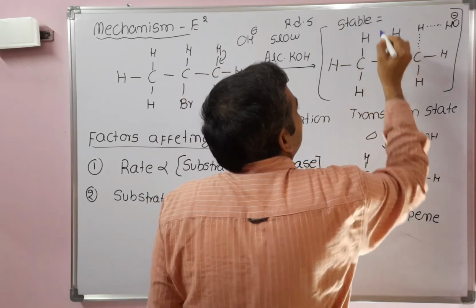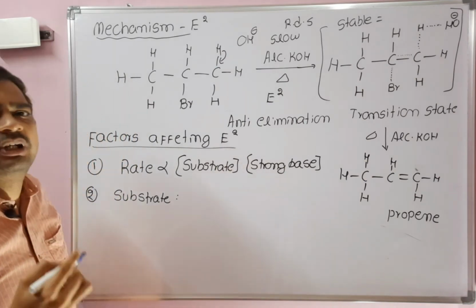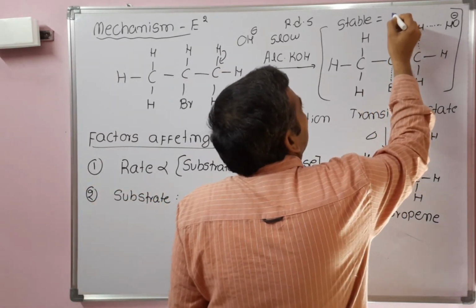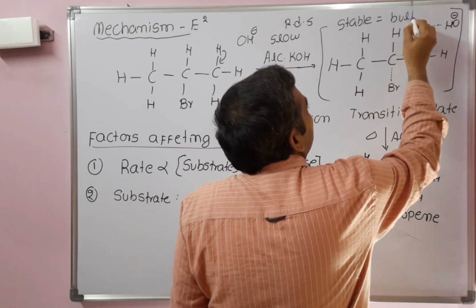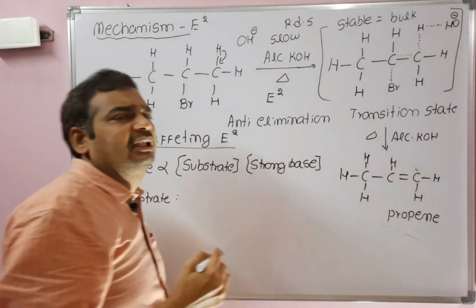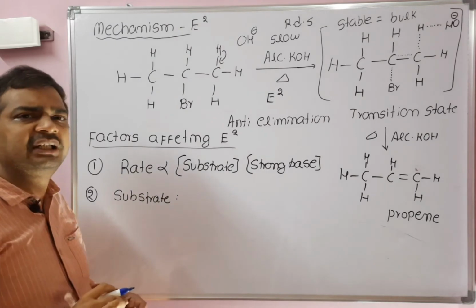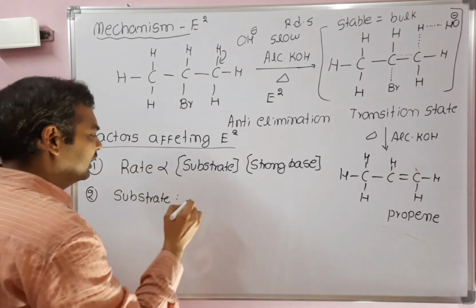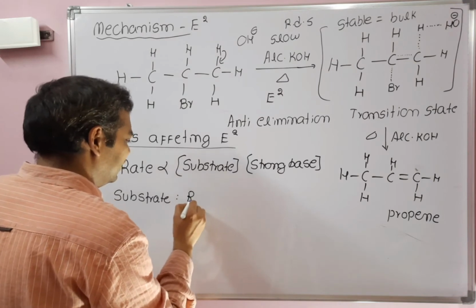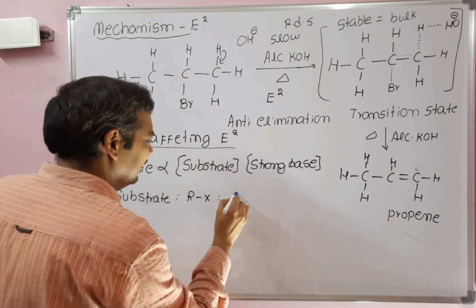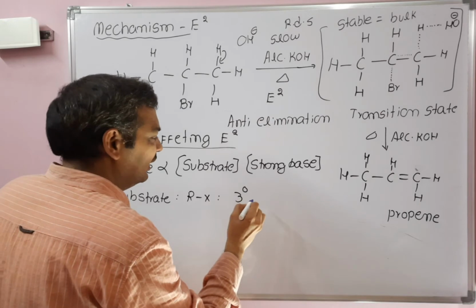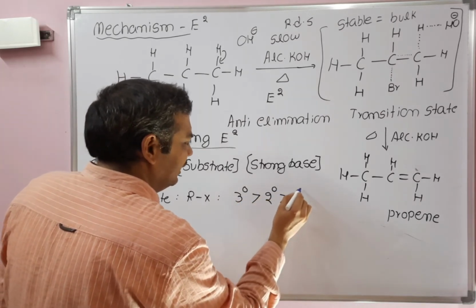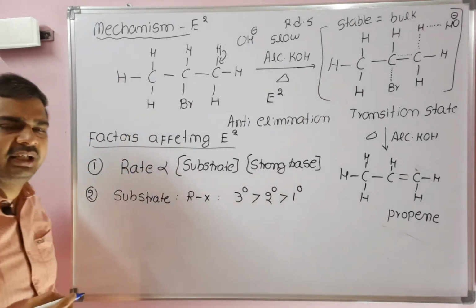So if the alkyl halide is tertiary, that will readily undergo E2 reaction, then secondary, and the least is a primary alkyl halide.